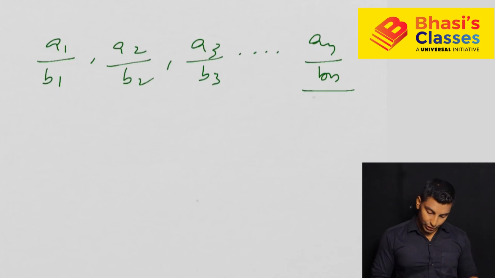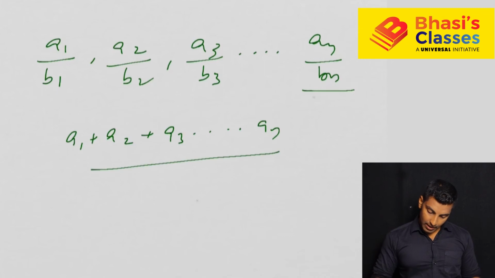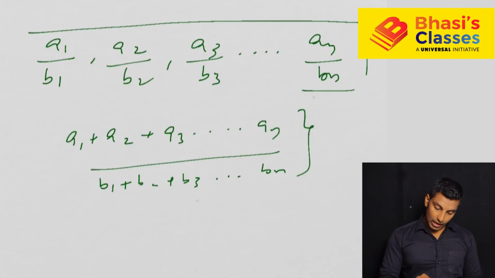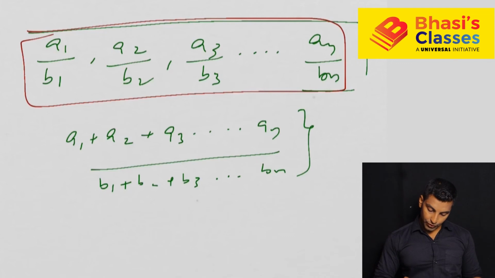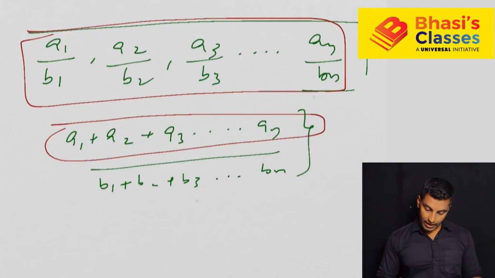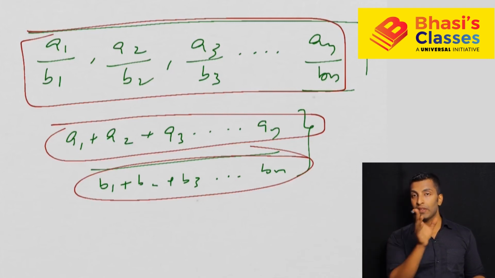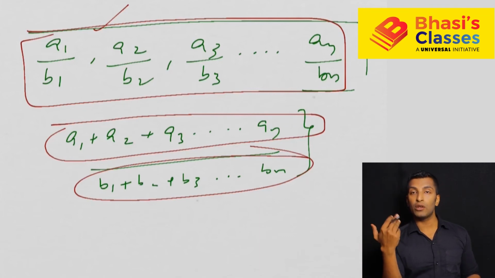Then the ratio a1 plus a2 plus a3 up to an, adding the numerators, divided by b1 plus b2 plus b3 up to bn will lie between the lowest among these ratios and the highest among these ratios. So if you take the sum of numerators and the sum of denominators, that ratio will lie between the lowest and the highest. This is very useful when you solve questions.